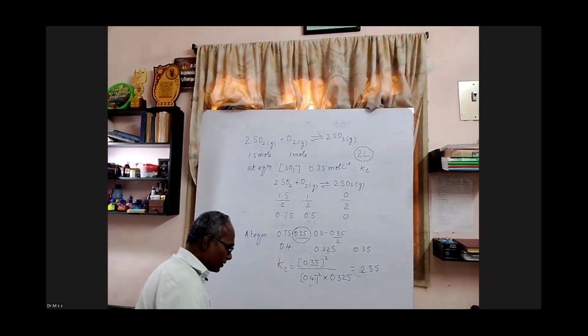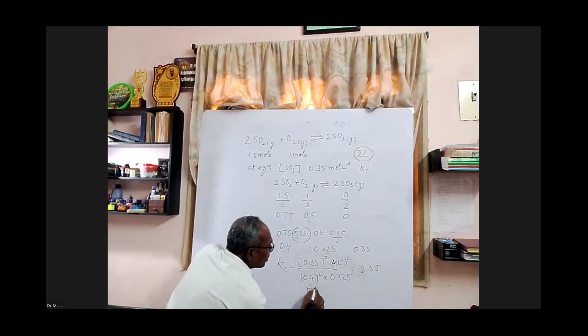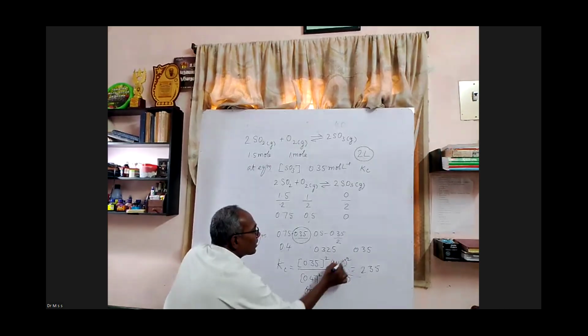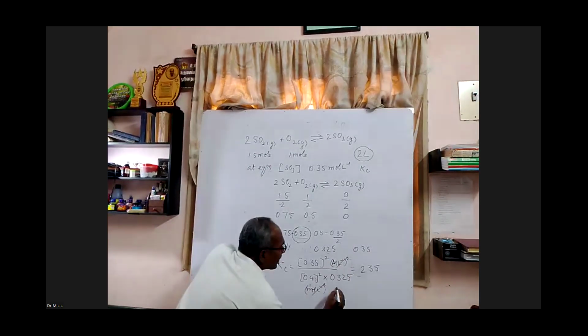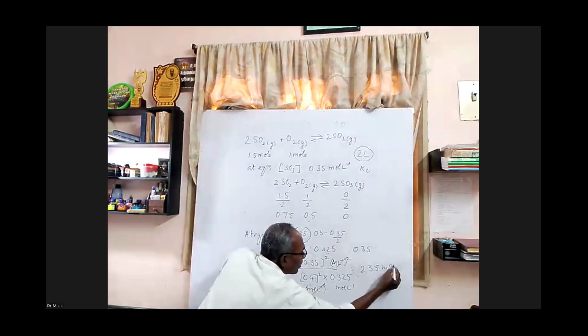What is the unit for this? So here it is mole per liter square. Here, mole per liter square. So this and this will get cancelled. What is here remaining is mole per liter. Therefore, this will be per mole liter.